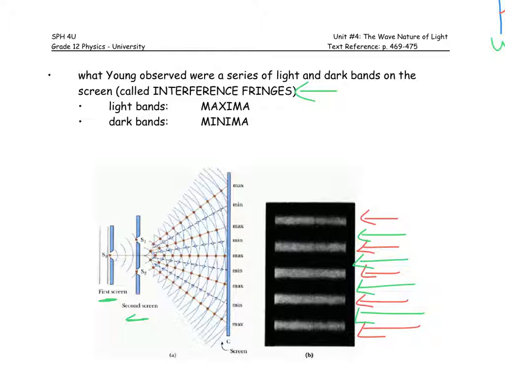Specifically, he called the light bands maxima. Those were areas of maximum constructive interference, and the dark bands are called minima, and those are areas of maximum destructive interference.